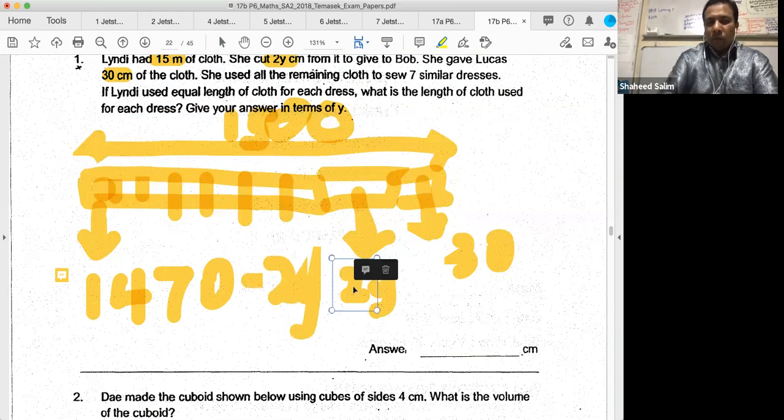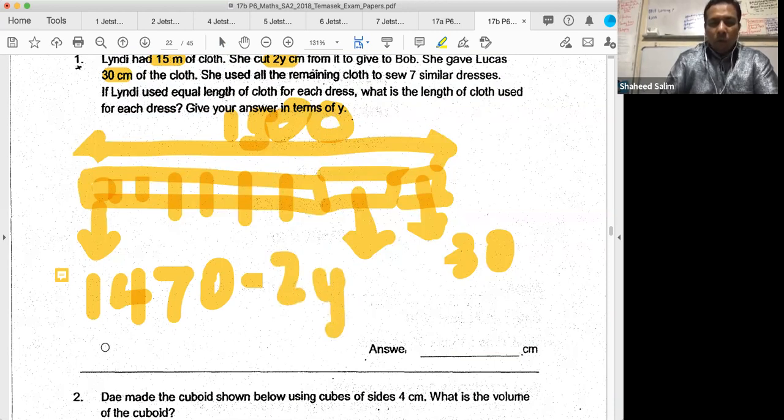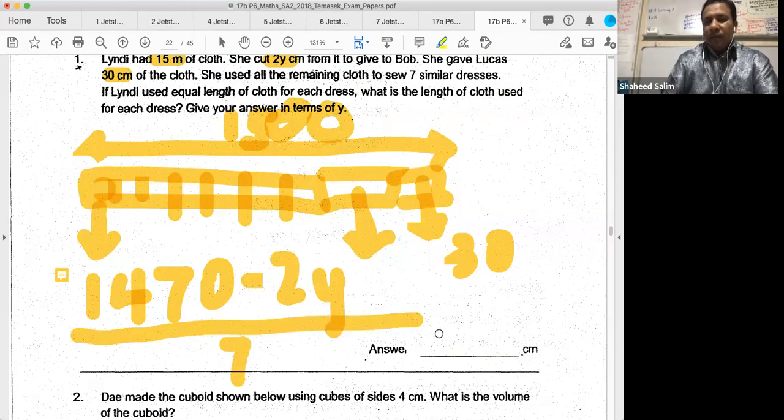Let me write again properly. The whole thing must be over, divided by 7, in cm. This is length, so cm. Okay, this is the answer. You cannot just write 2y over 7. All right, we try the next one.